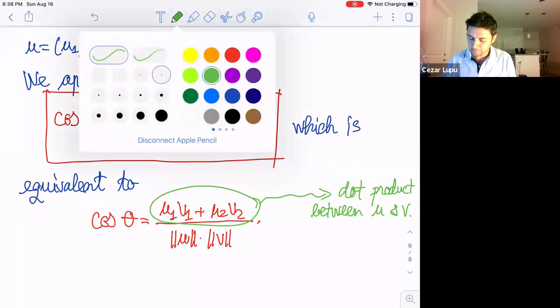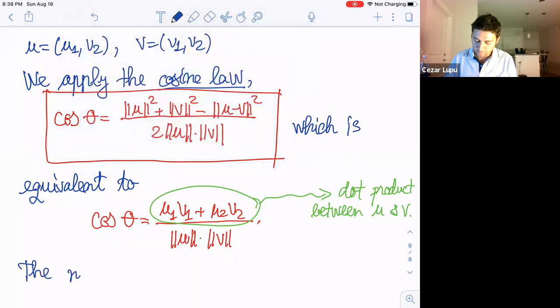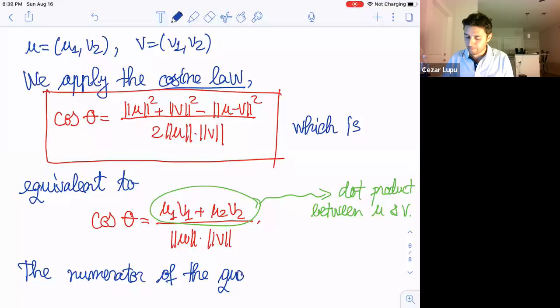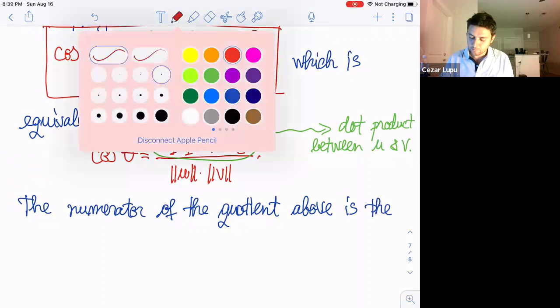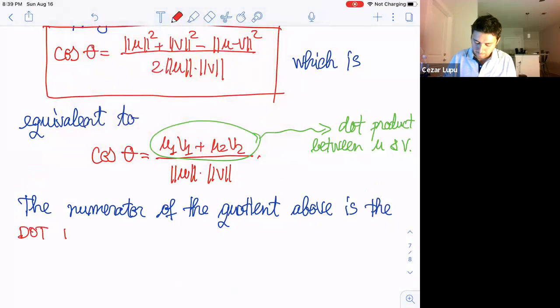Let's mention this. The numerator of the quotient above is nothing else than just the dot product between u and v.